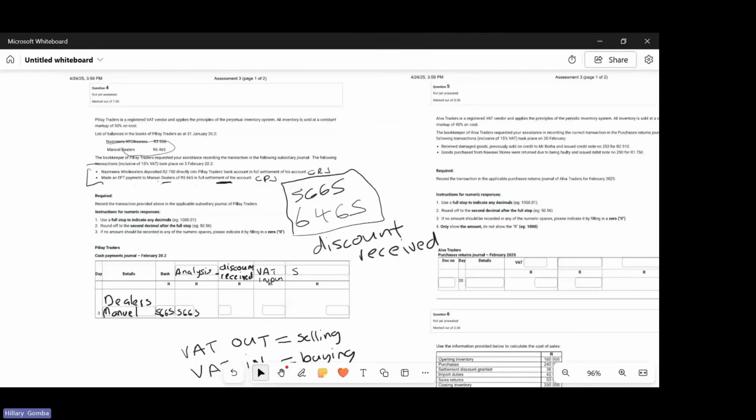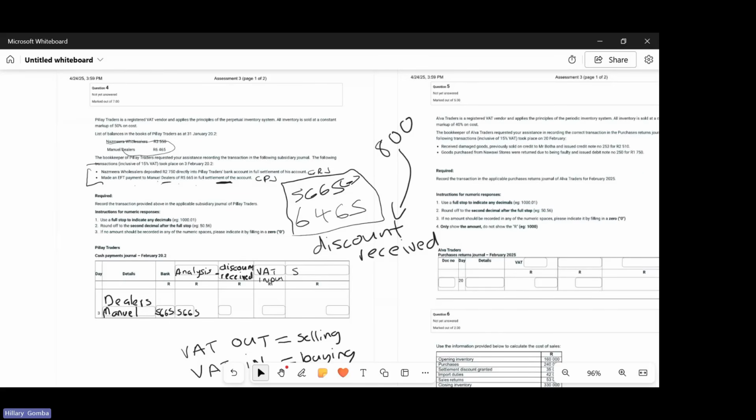So I was talking about VAT, that they will tell you, for example, the one that we're dealing with, that we paid 5,665 in full payment of our account, but we were actually owing manual dealers 6,465, which means the difference that we get, which is 800, was the discount received that we got. But remember, we are the ones that now have to pay for this discount received.